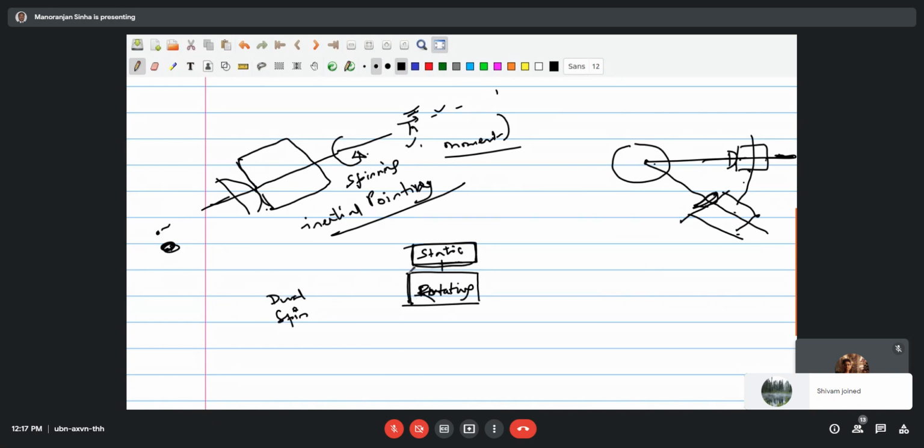If you want to keep it inertially pointed, this portion can point inertially. So this is the inertial pointing direction.